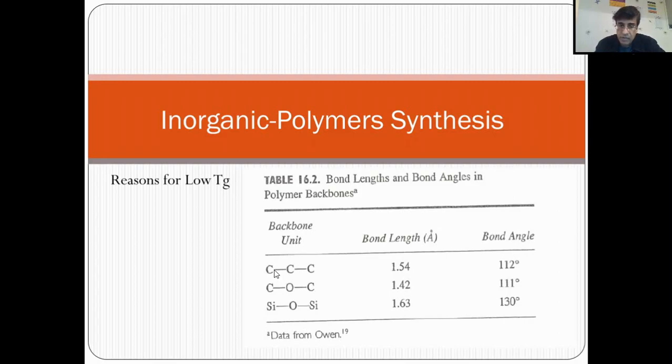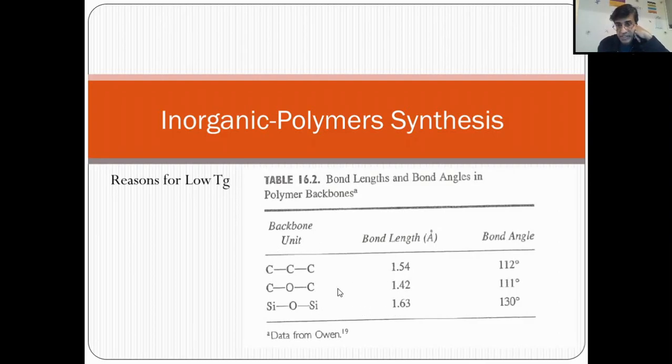Look here, when you have a carbon-carbon backbone, the bond length is 1.54, for carbon-oxygen 1.42, for silicon-oxygen 1.63. So the bond length is higher. Because of that, the silicon-oxygen bond is more flexible, and that's why the internal motion is much easier. That is why the Tg is lower, glass transition temperature lower.